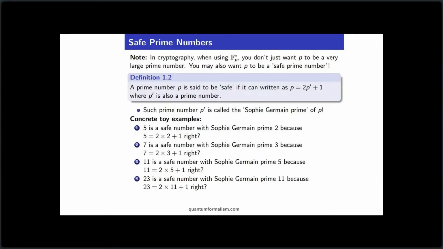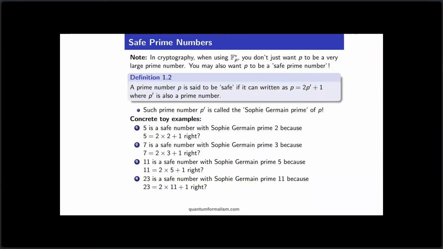You want the prime number to be safe. The reason for this, you will figure out once we touch the cryptographic side of it. We'll skim through it, but you will understand once we talk about the Diffie-Hellman key exchange protocol, because there is an algorithm that can solve the underpinning problem. If P is not a safe prime, it can be subjected to that attack. But that doesn't matter at the moment.